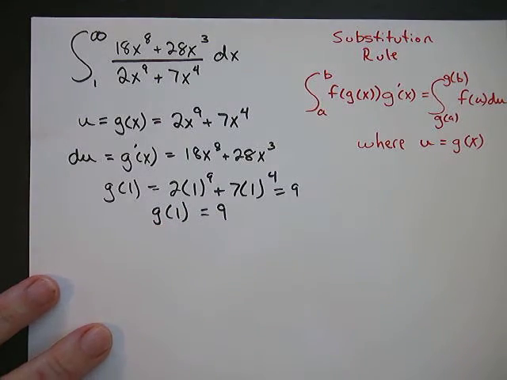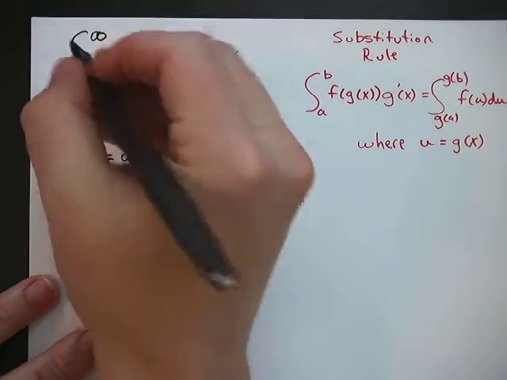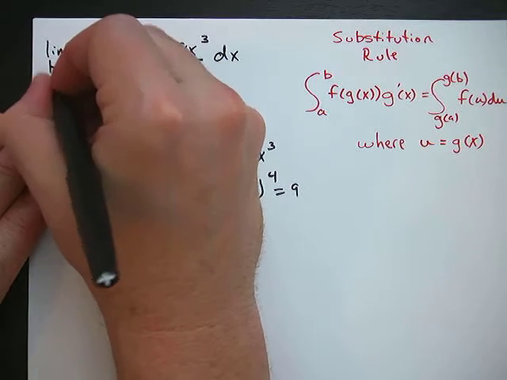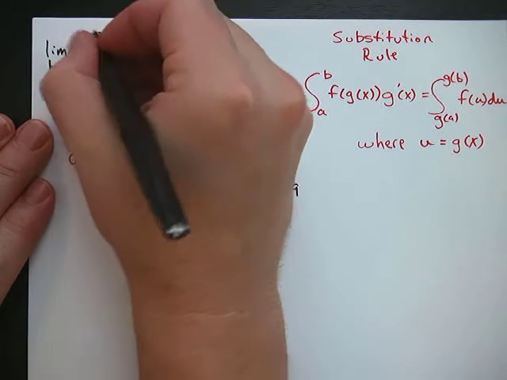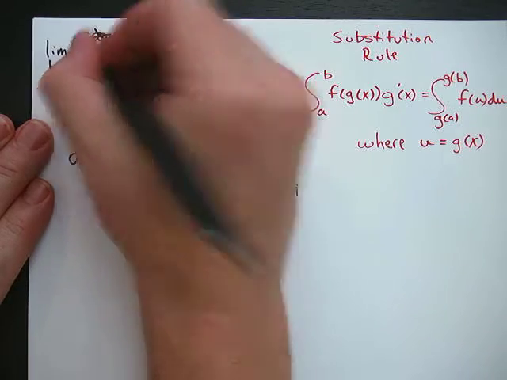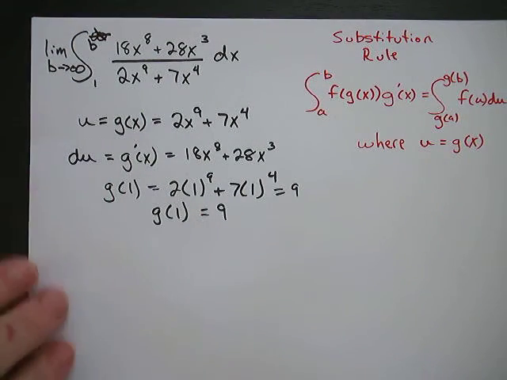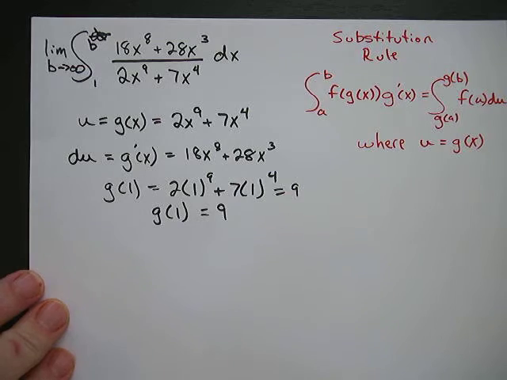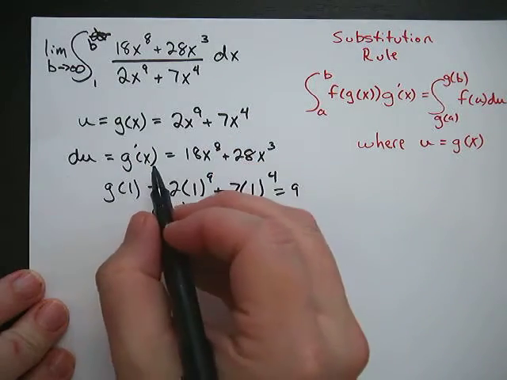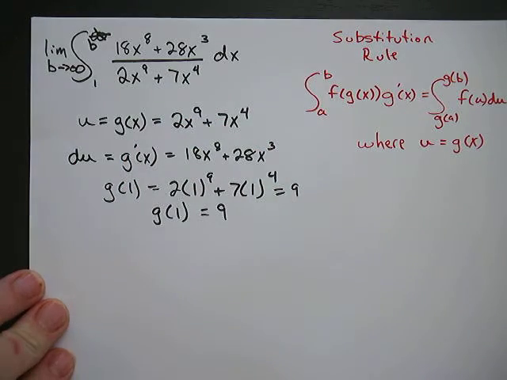Now we can't plug in infinity for our upper limit, so this is the limit as b approaches infinity, and I could change the upper limit to be b. I will plug that into my g of x.